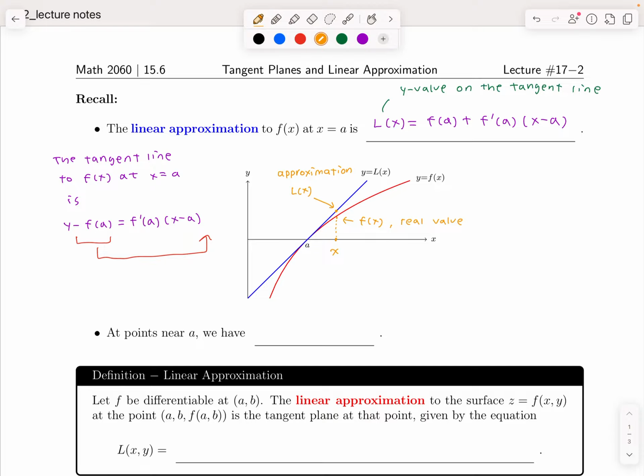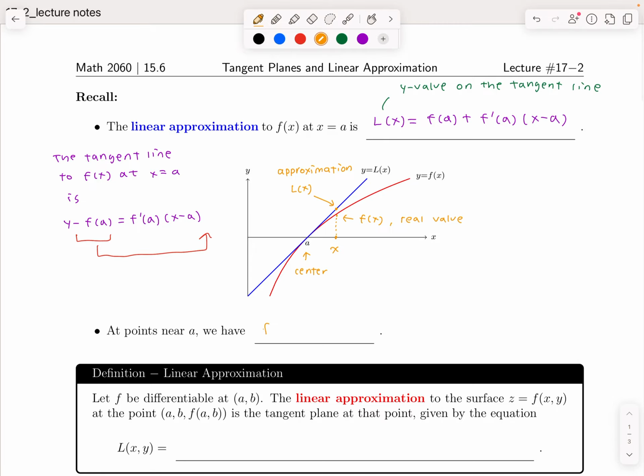So that's why we say at the point near a, and this a is what we call the center, we will have f of x approximately equal L of x.